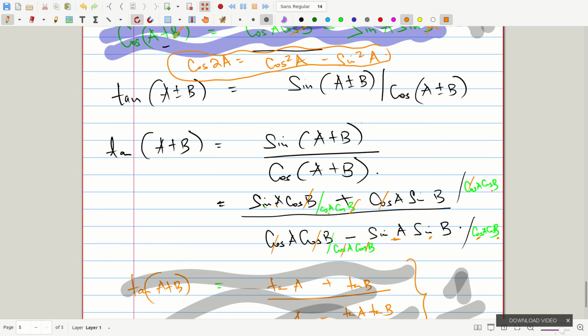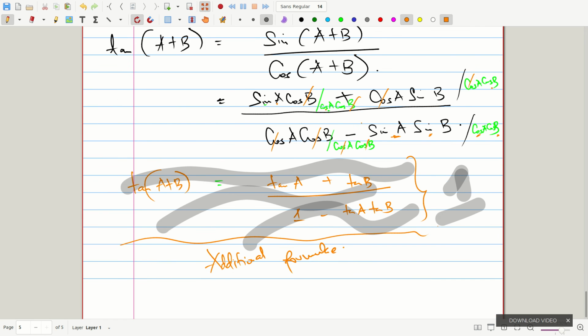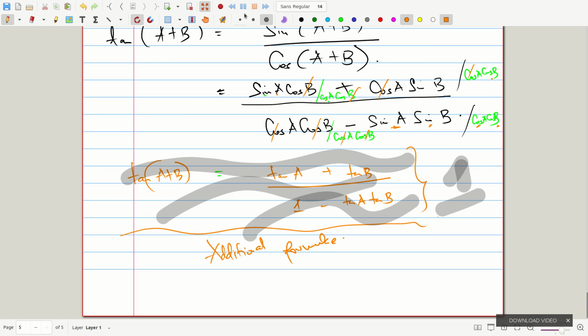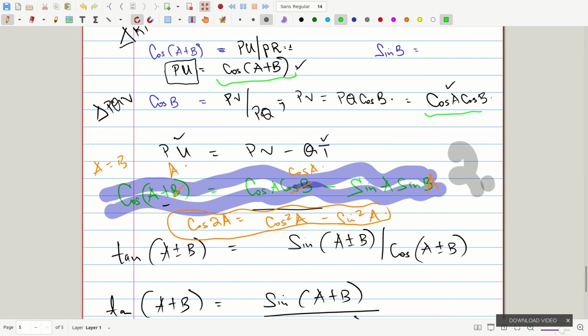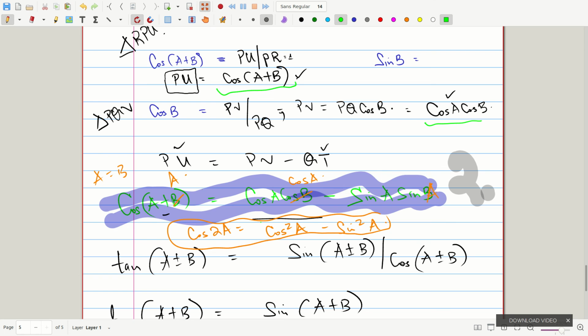And then lastly for tan, we simply make the substitution. If A equals B, this we can make A, and this we can make A. So we have tan A plus tan A, which is 2 tan A over 1 minus tan squared A. Maybe we can complete here with another important result that comes from here.